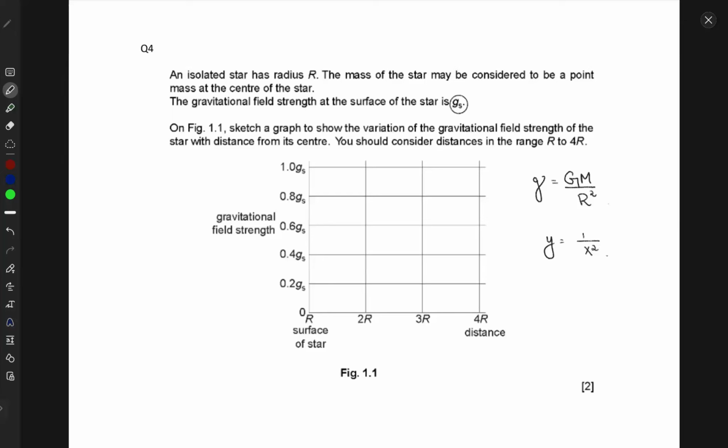So what you could do is pick values. First of all, you could pick a value of 0 at r. What happens when I put r equals 0 in this expression? I get g tends to infinity, right? So g is very large when r goes to 0. Is that okay with everyone? Because I'm really dividing by 0.